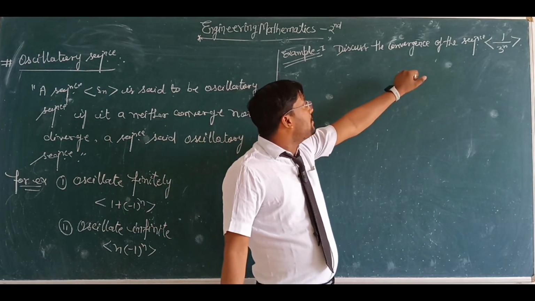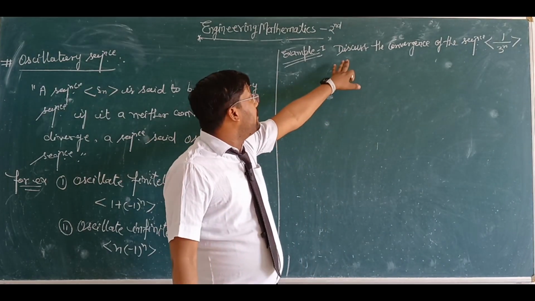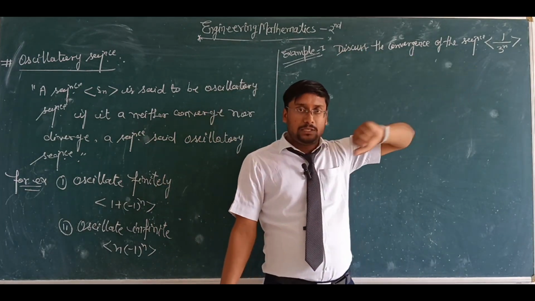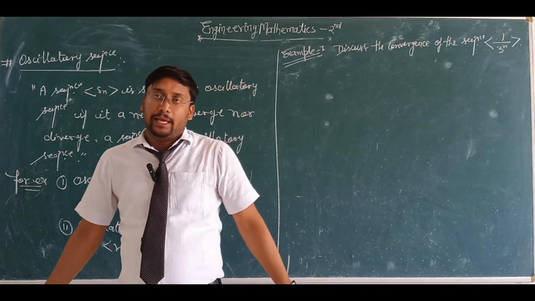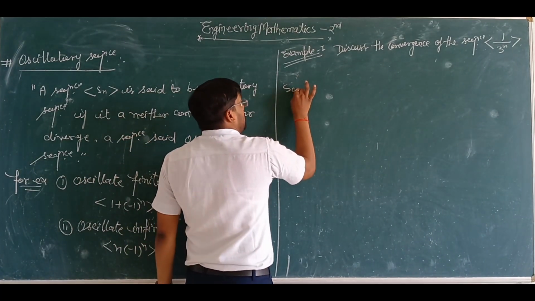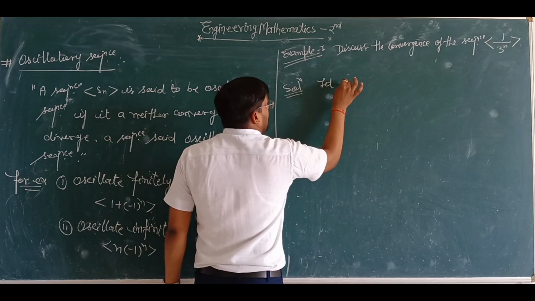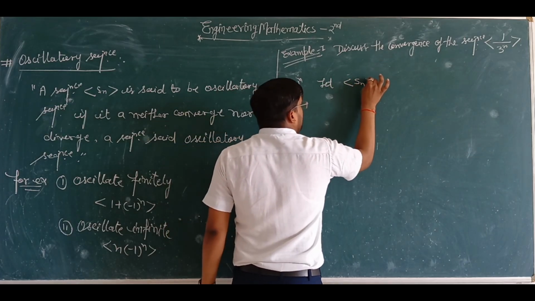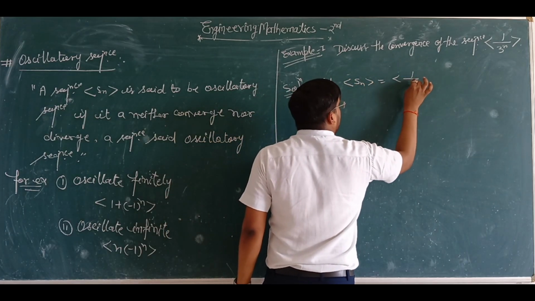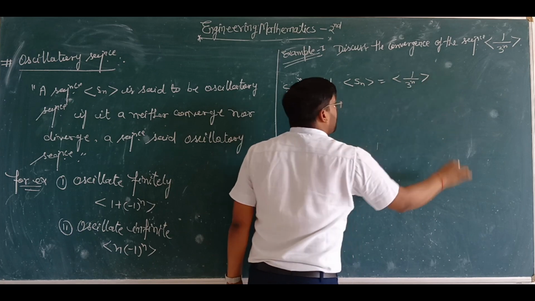Let's discuss a numerical problem of convergence. First of all, discuss the convergence of the sequence 1 upon 3 to the power n. Let the sequence Sn be equal to 1 upon 3 to the power n.